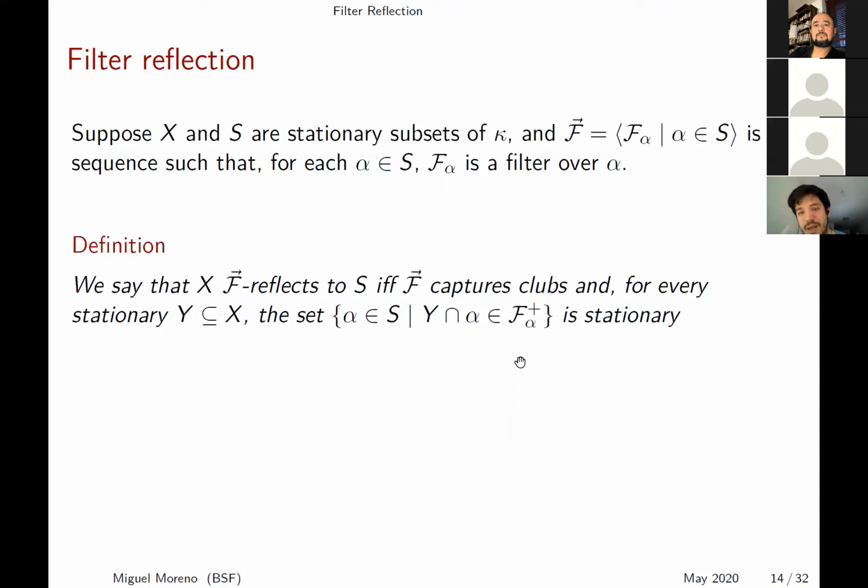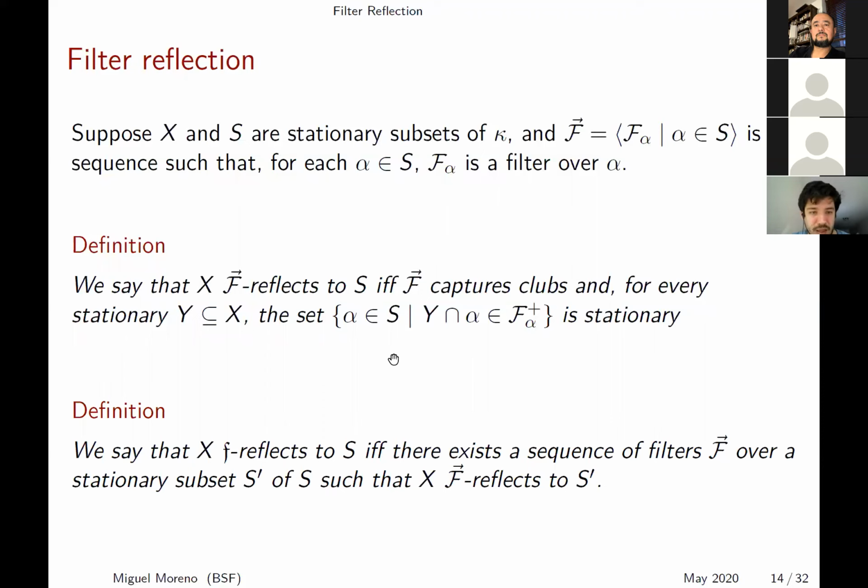We don't know how they look, but if it captures clubs, then we can think about them as clubs. So if Y intersect alpha intersects all the elements of F alpha, then we can understand it as a stationary set. So we are reflecting because Y intersected alpha is intersecting everything that we now try to understand as clubs. And this is the definition of filter reflection.